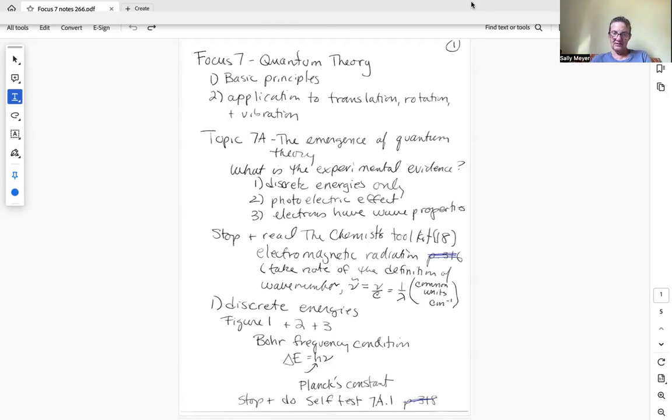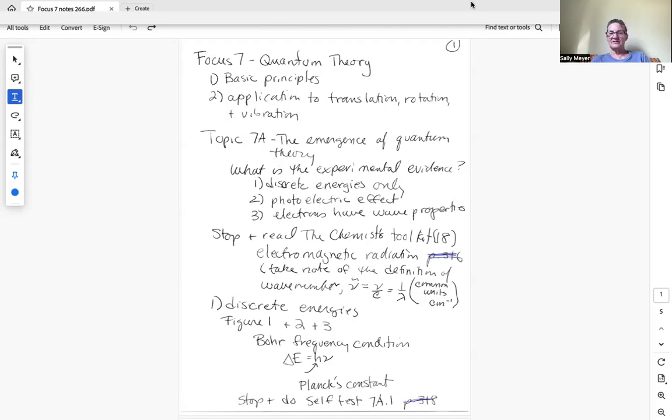We also need to understand the photoelectric effect, and then that electrons have wave properties. These are all three different kinds of experiments, and this is about 1900. When you think about the times, we were creating new instrumentation, so we were able to measure the properties of electrons, which hadn't been true before.